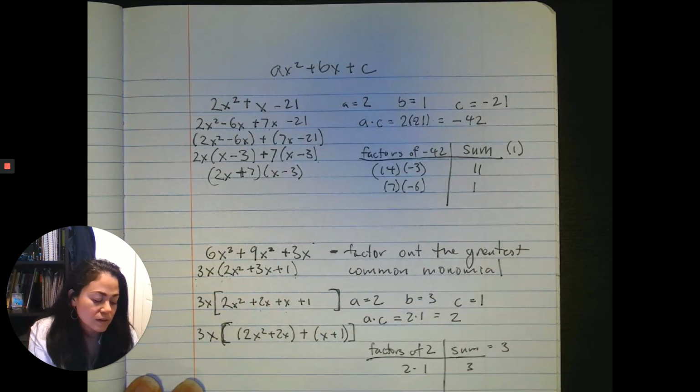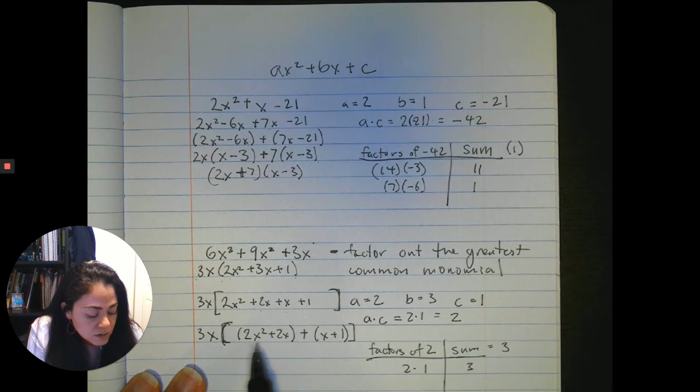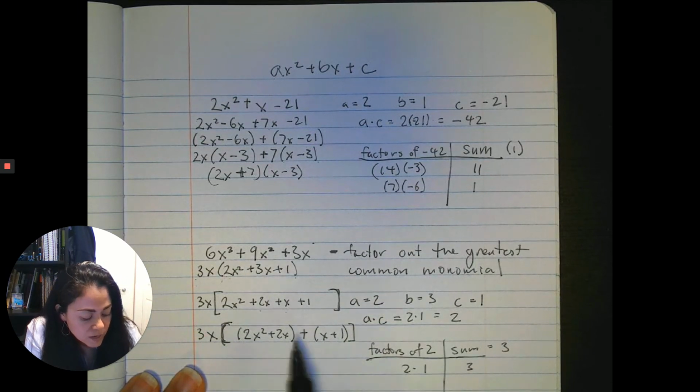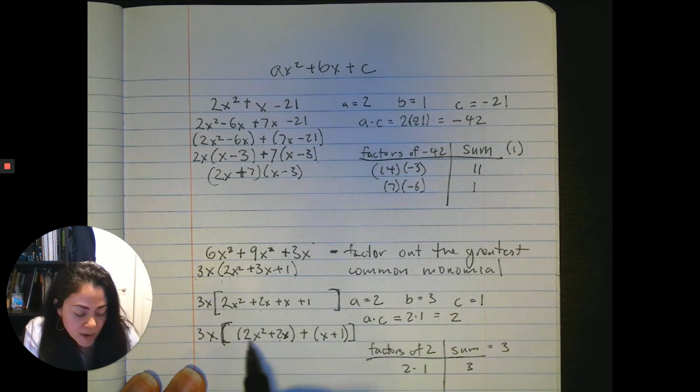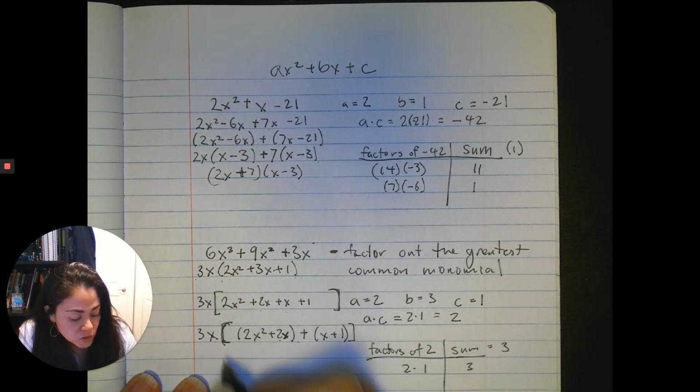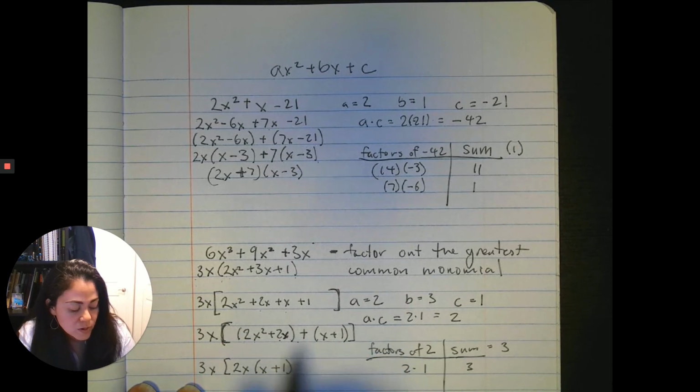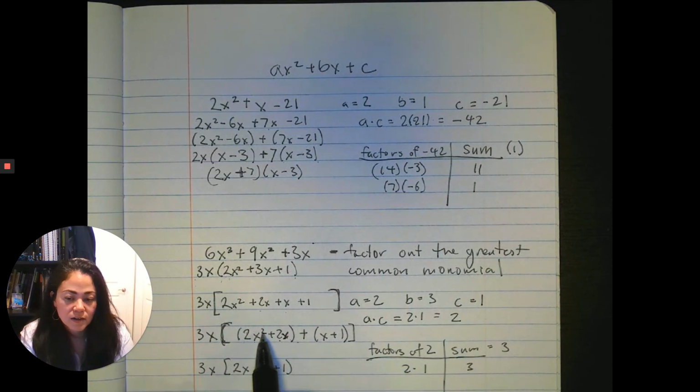All right. So here I have 2x squared and 2x, and I notice that I can factor out a 2 from both of them, and I can factor out an x from both of them. So now I'm going to rewrite this as 3x times 2x times x plus 1, because 2x squared divided by 2x leaves me with just an x.